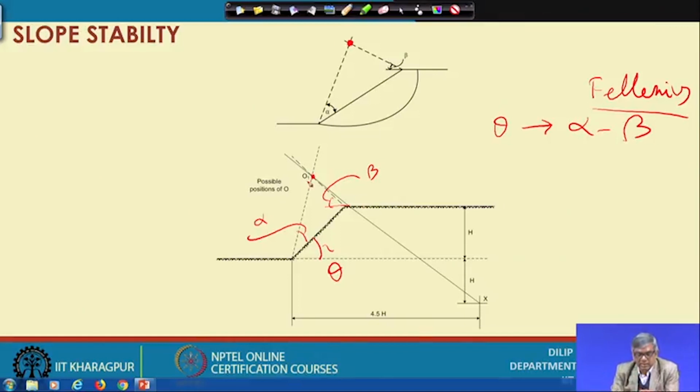Once I get this center, for soft clay soil what additionally I have to do is locate a point at a depth 2h. If this is the height of the slope h, then at 2h distance I will draw a line like this, and then from the toe I will also draw another vertical line at a distance 4.5h.